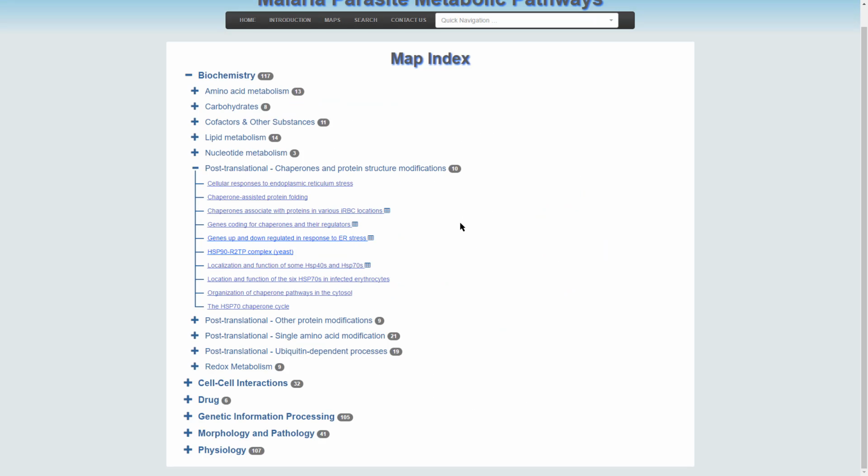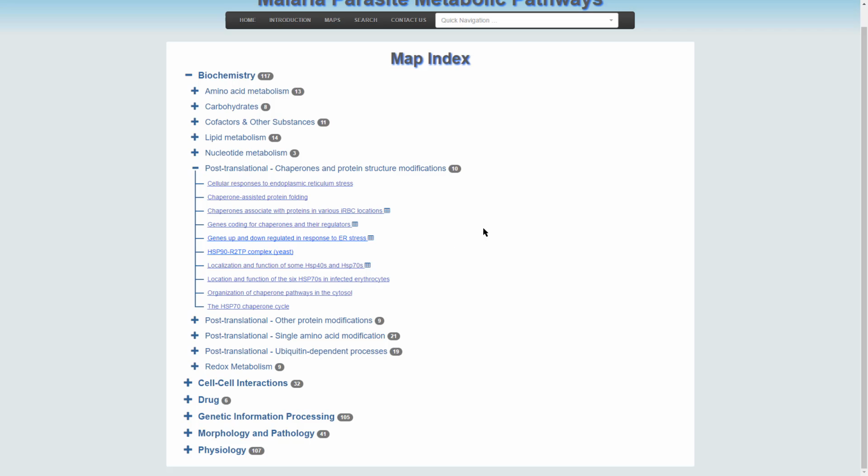Here we see that we have a table that compiles all the genes coding for chaperone regulators, for location of the various chaperones in different infected RBC compartments.